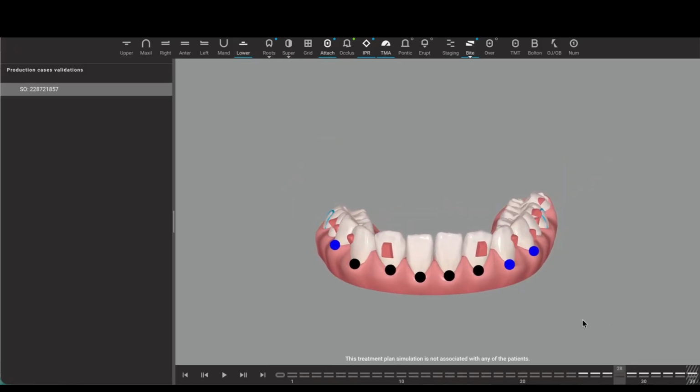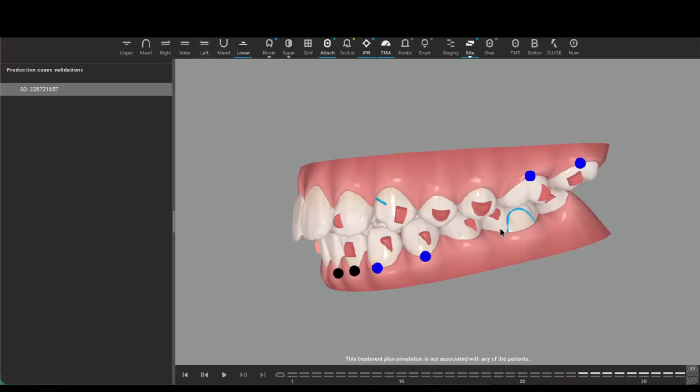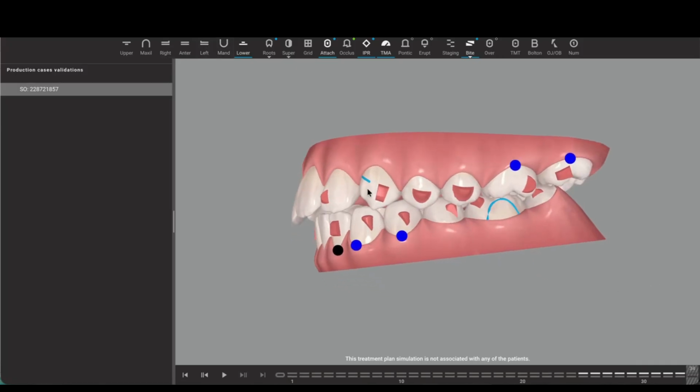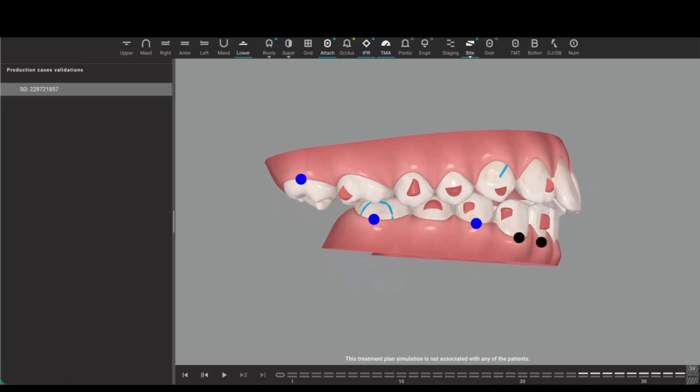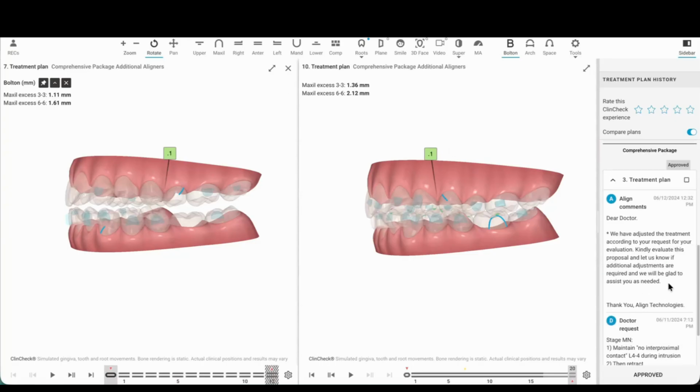So without having to type that into the technician or artificially slow down movements, now I have optimized staging built into the plan, which is actually going to help because this is how long it's going to take for the class correction.